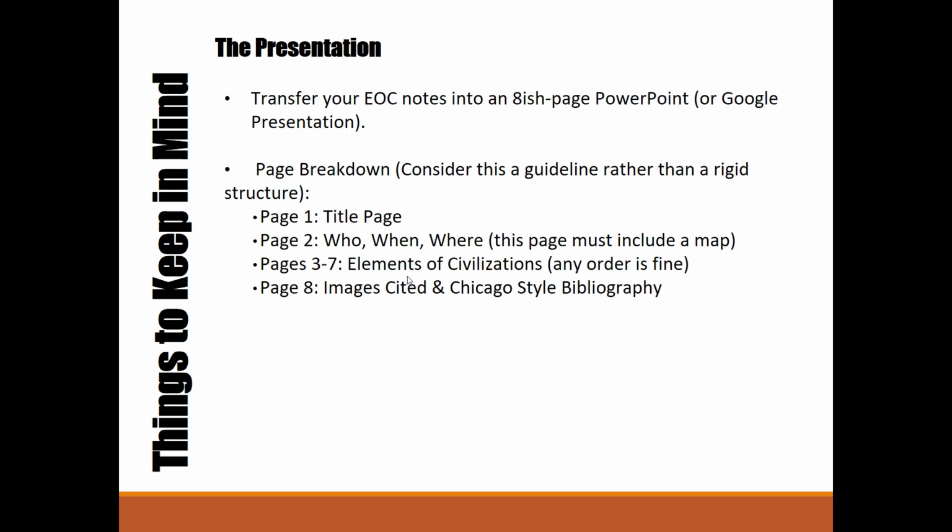For instance, you're seeing a really strong association between art and religion, so maybe you want to align those aspects on a single page, and that's fine. Or maybe you're seeing a strong alignment between economy and social hierarchy, and you want to align the information on that page. That's fine. So 8-ish pages. We don't want to overload the information on those pages. But at the same time, if it makes sense for you to combine those elements, you should do that.